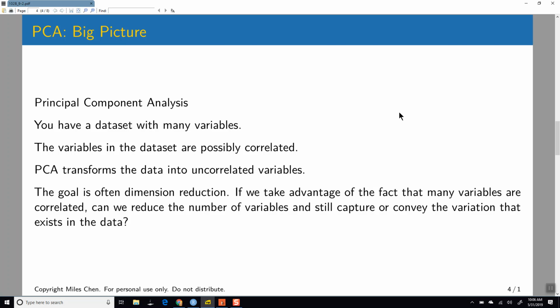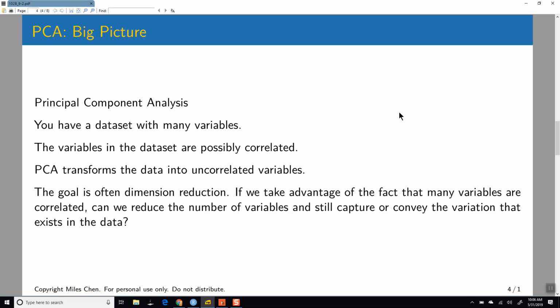So if we take advantage of the fact that the variables start off correlated, can we reduce the number of variables and still capture or convey the variation that exists in the data, okay? So when we transform the data into uncorrelated variables, usually we can just try to keep maybe a few of these uncorrelated variables that capture a lot of the variation, okay?